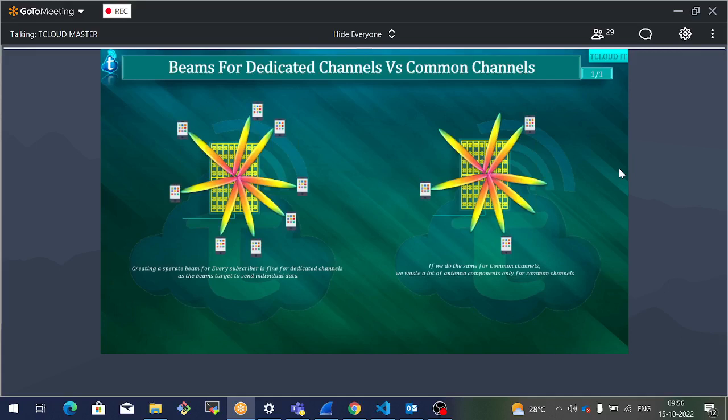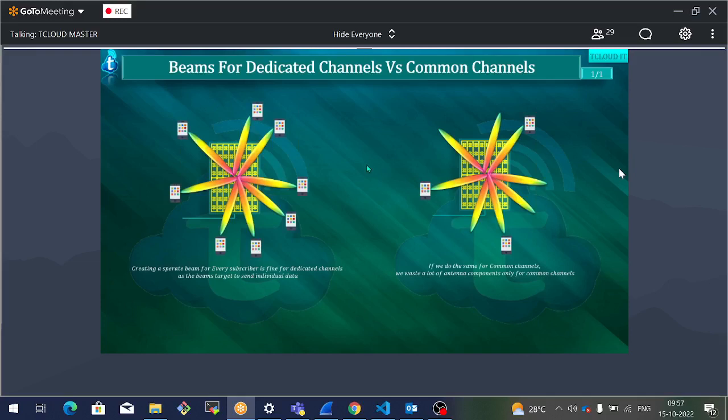So for common channels, sending the beams in all the directions all the time, because common channels are required for the mobiles all the time in a cell operation, at least for the new mobiles who are coming up, required to access these common data or common channels, which we are calling them as. What do you have to do then? If you cannot create the beams in all directions and keep it. For example, if you did not do that, any mobile that comes up in a particular location can't read the common channel information.